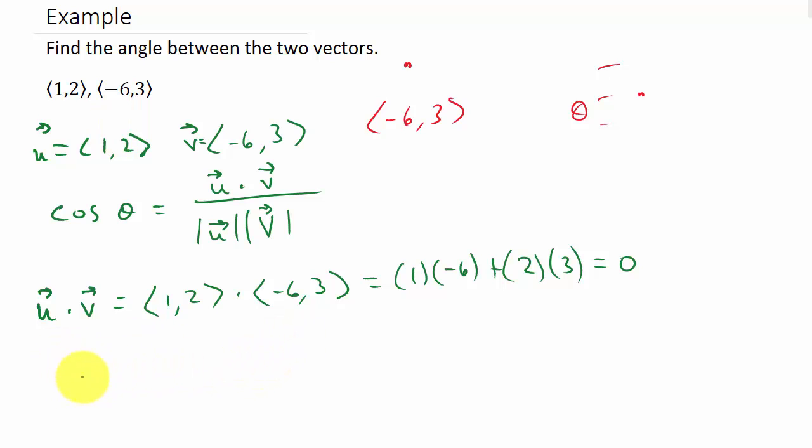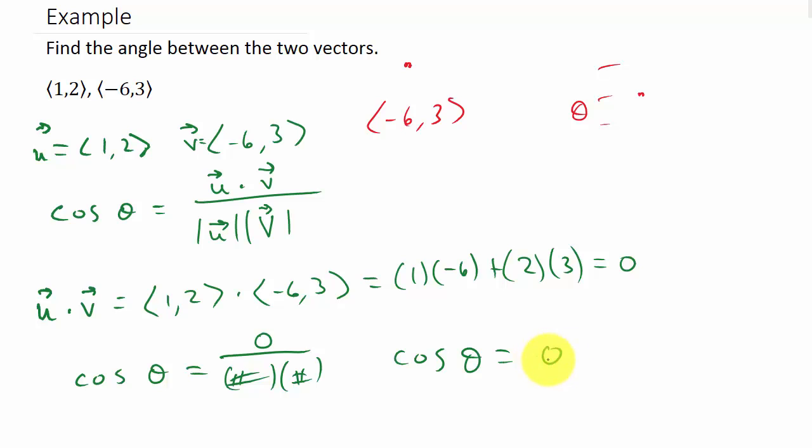because we have the cosine of theta. Cosine theta is equal to the dot product, which we got as 0, over the magnitudes. Well, it's going to be some number times some other number, so it doesn't matter what these numbers are. Cosine theta equals 0.